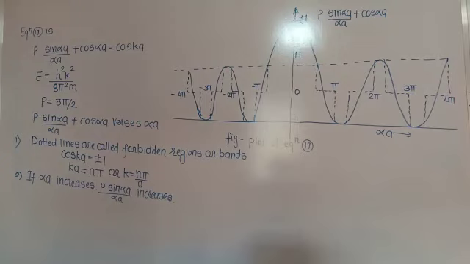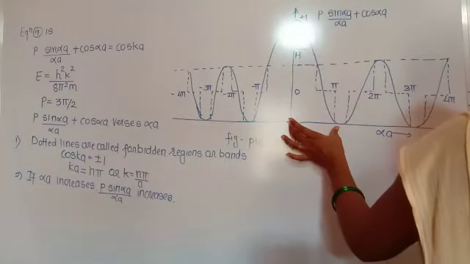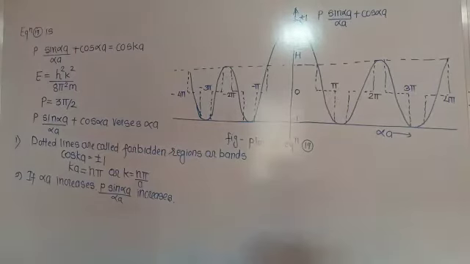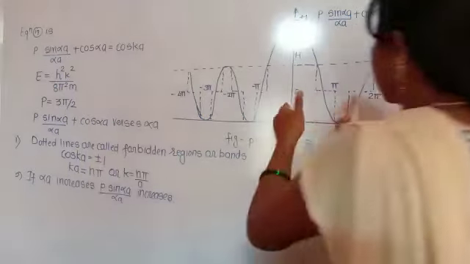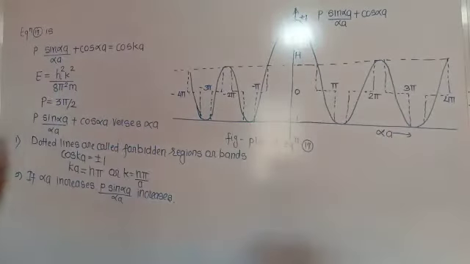As this left hand side of equation 17 decreases, the width of the allowed bands increases, and that's why the forbidden regions, the dotted lines, become narrower.